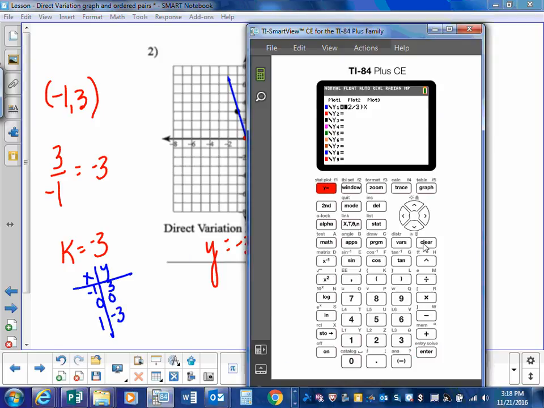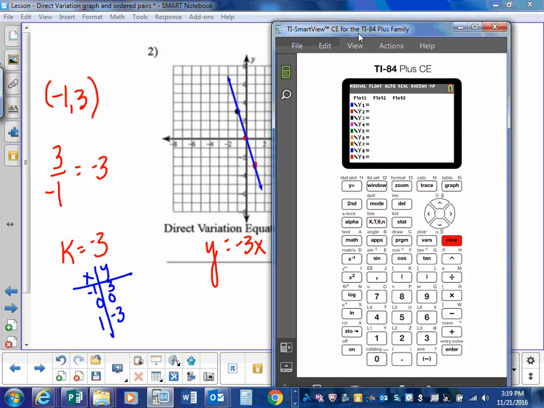Y equals, I'm going to clear that, and -3x is my equation. I'm going to hit trace, and I have the point (-1, 3), the point (0, 0), and the point (1, -3).